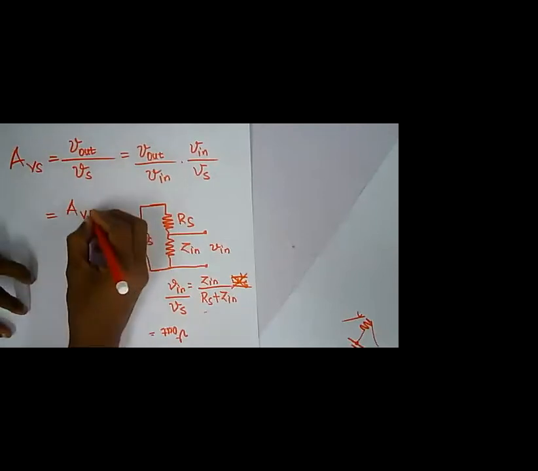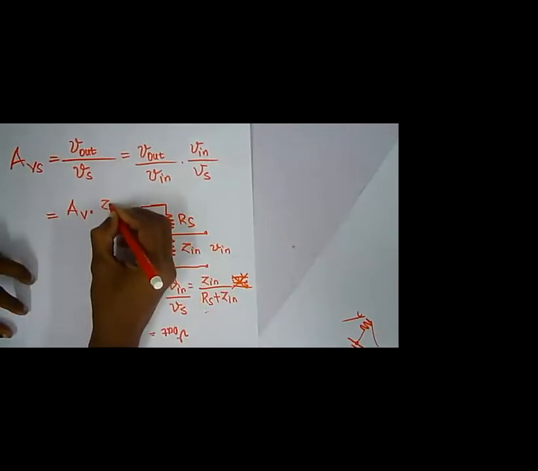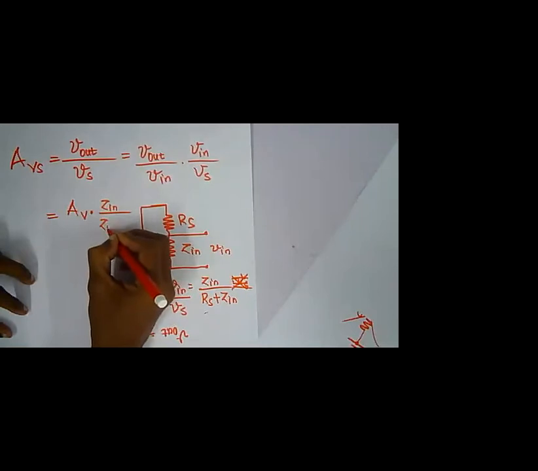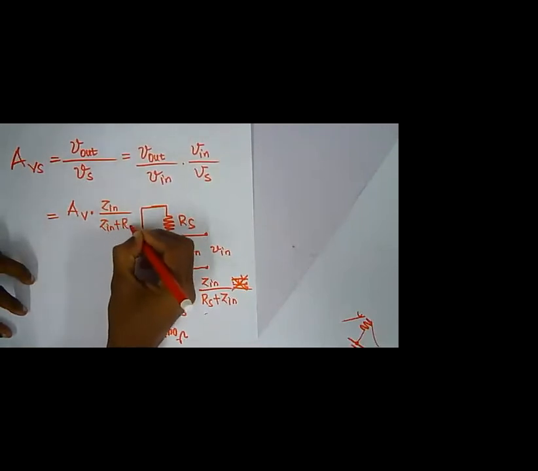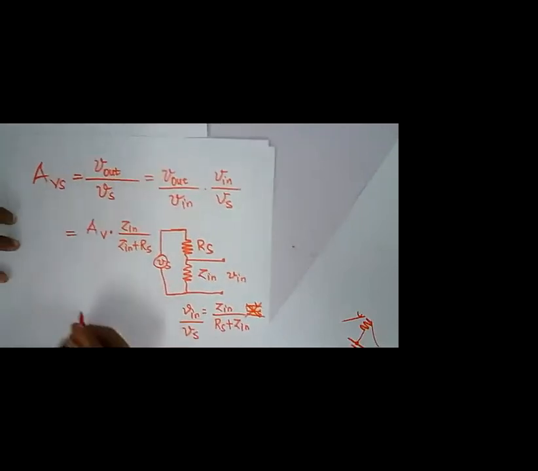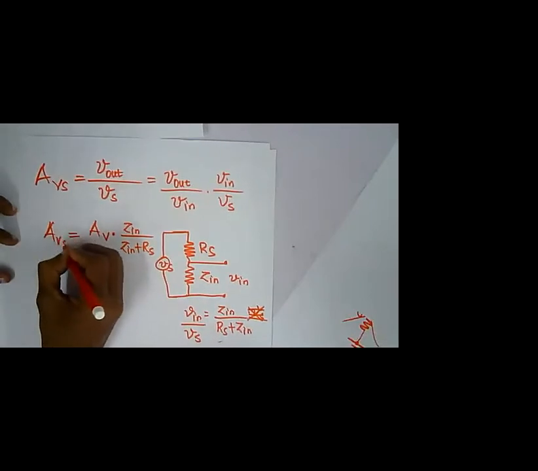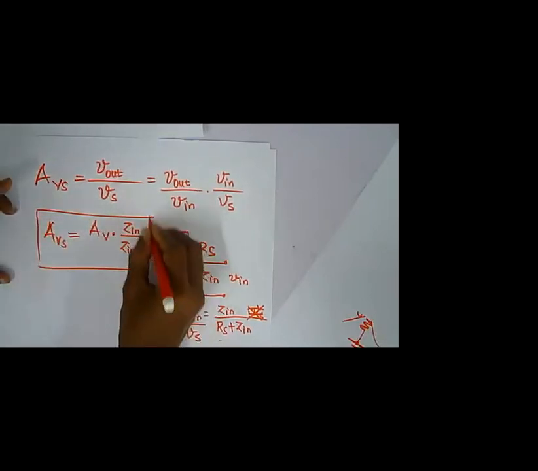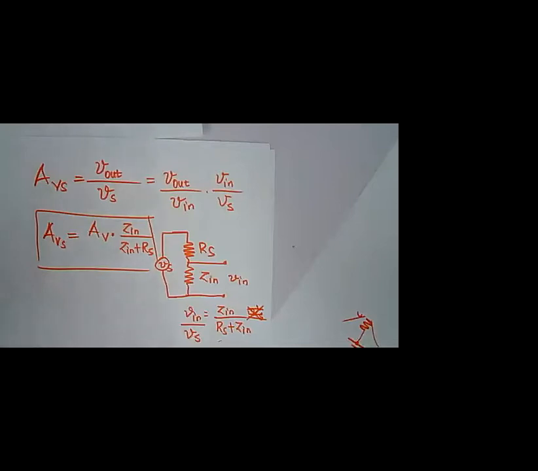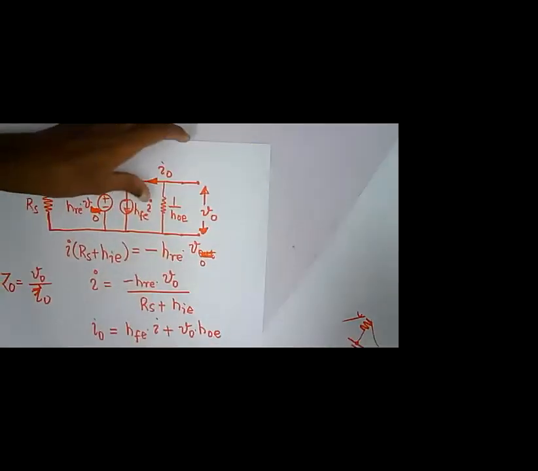So I can write this one as AV into Z in divided by Z in plus Rs, right? So this is my AVS, right? Okay, so that's the derivation, and I will upload a couple of tutorial questions for you, right?